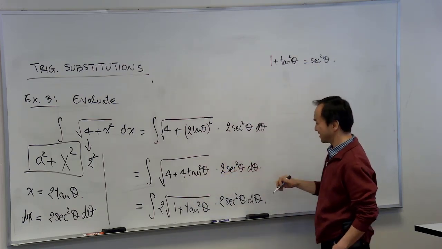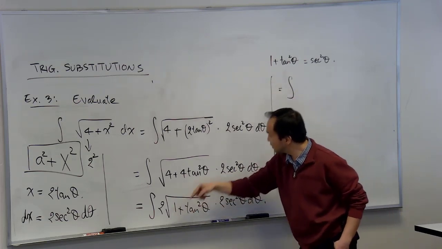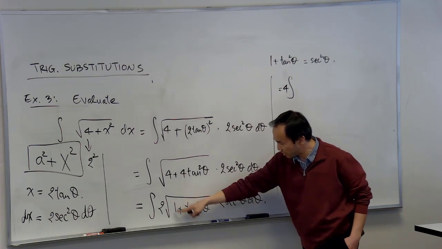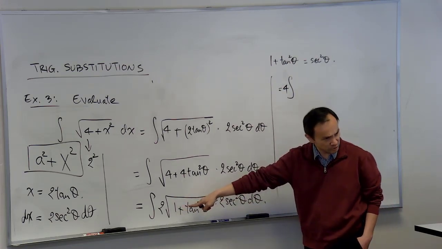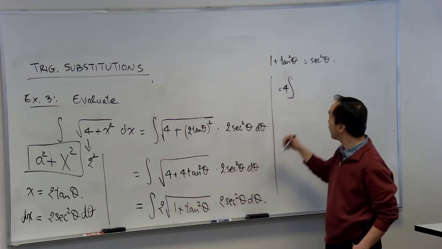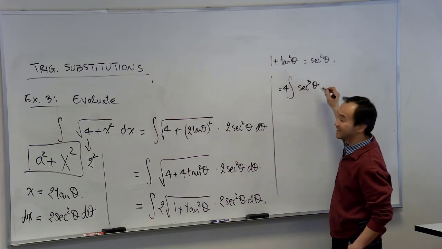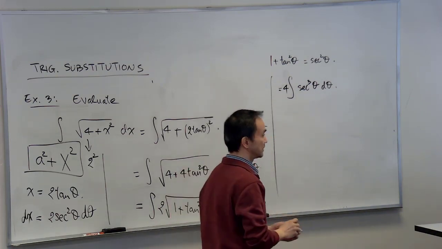In the next step, 2 times 2 is a 4, and I'm putting that 4 out front. The square root of secant squared is going to be a secant, and together with another secant squared, it makes a secant cubed of θ, times dθ. You guys good with me on that? Okay?